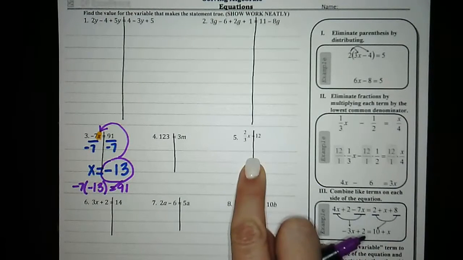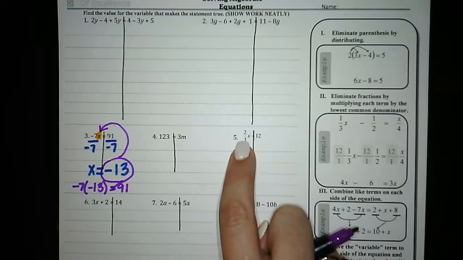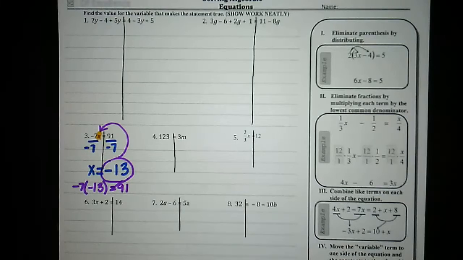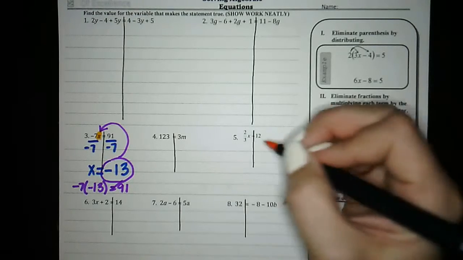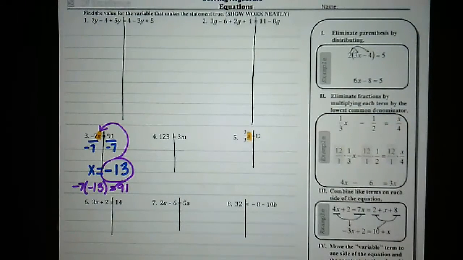Okay, let's skip to number 5. Again, what's happening with this 2/3 and x? It's being multiplied. So what we do is we do the inverse operation, which is to divide. And when we divide by fractions, remember, we do the reciprocal.